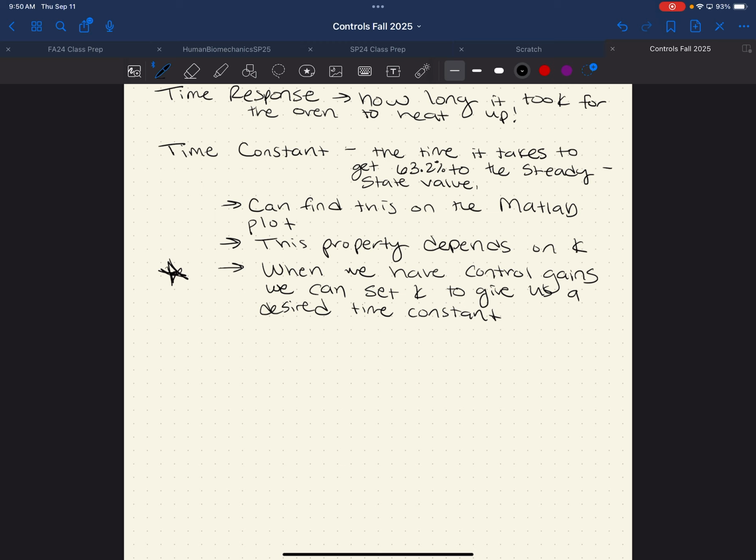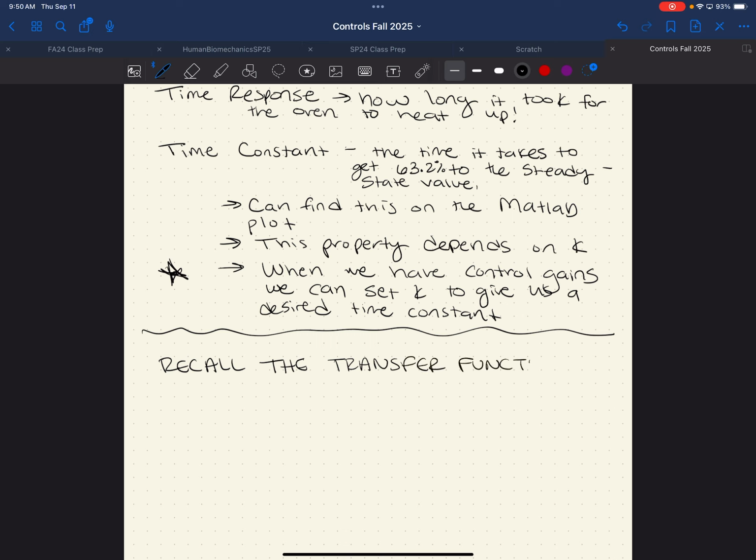Okay, so let's look at a much broader sense of a transfer function. So we're not going to look at an exact system here. Let's look at the form of a transfer function. I can write a transfer function as the output C over the input R, or I can give it a variable G, or I can write it as a polynomial in the numerator over a polynomial in the denominator.